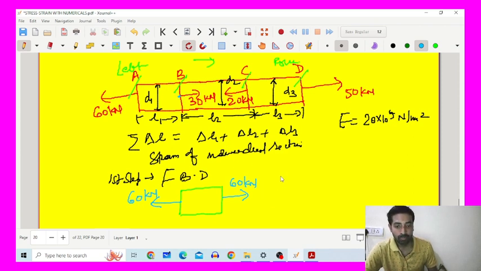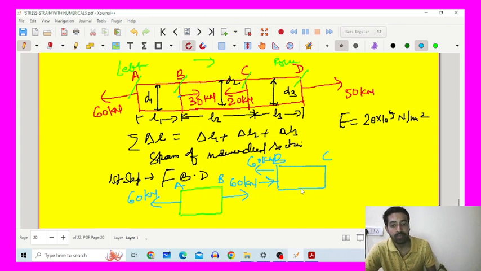Now for section BC, let's suppose 60 kilonewton is already acting at C, so you have to balance this 60. Now 30 kilonewton is acting in the reverse direction, not downward, it's inward.